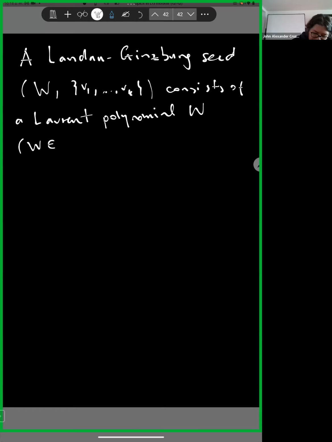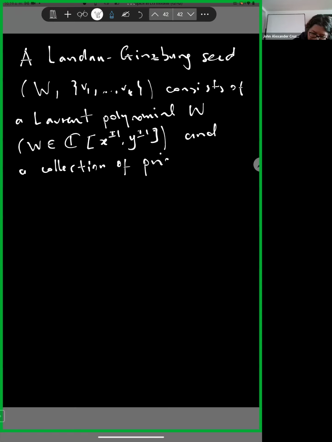So this is for the surface case. And a collection of primitive vectors B1, ..., Bk, Bi in C square.